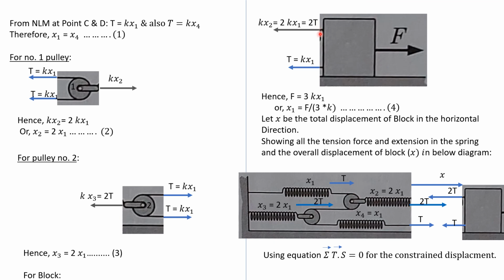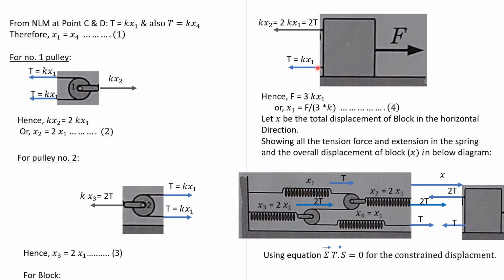On the block, this side, because of the spring, the tension is Kx2. And Kx2, we know that x2 is twice x1, so 2 times Kx1, that is 2T.